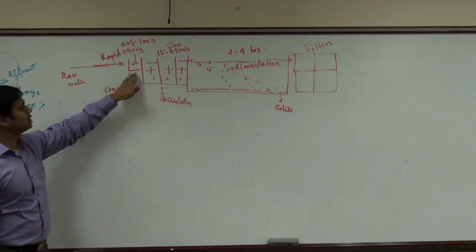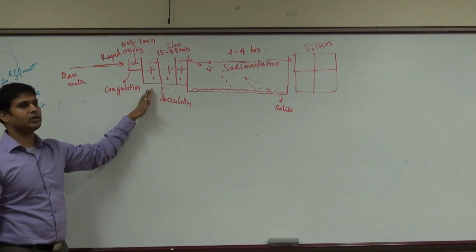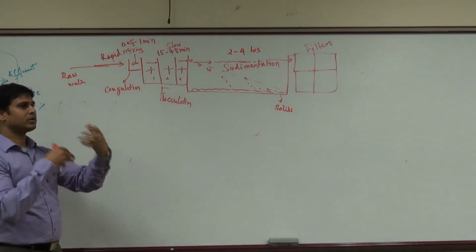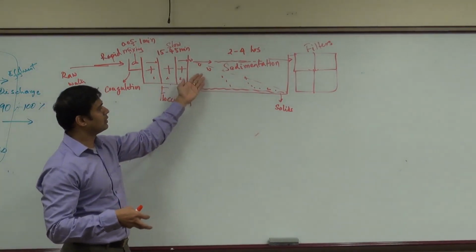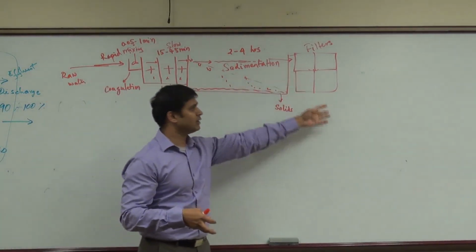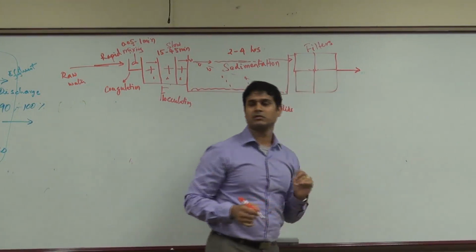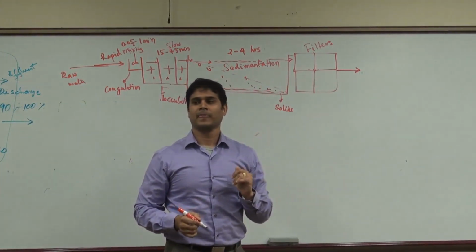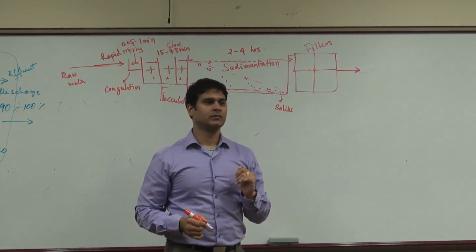But when it goes through here, you are introducing chemical, and then you are mixing the water slowly such that the particles grow. And then the particles that are growing there settle down, and then you do the filtration. And then, of course, finally, what do we do here after filtration? Anybody? Chlorination.